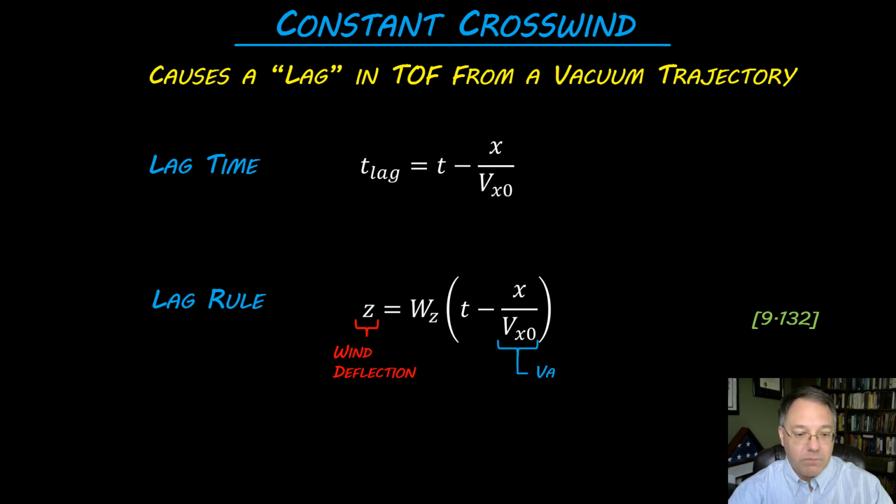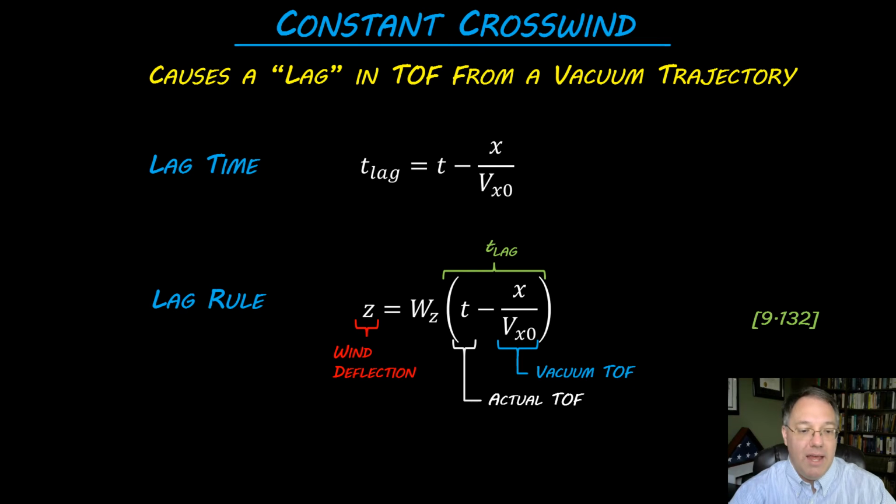Now this x over Vx naught is our vacuum time of flight. In a vacuum trajectory, how long would it take to get there? And then our t term here is our actual time of flight once we consider the drag. And all of that in the parentheses is that t lag, which we're showing immediately above us.